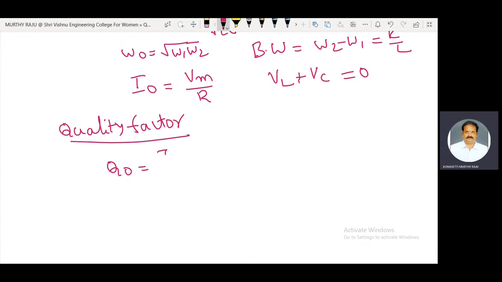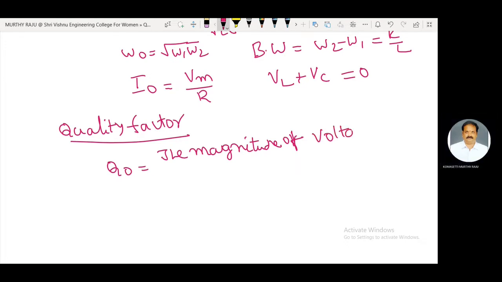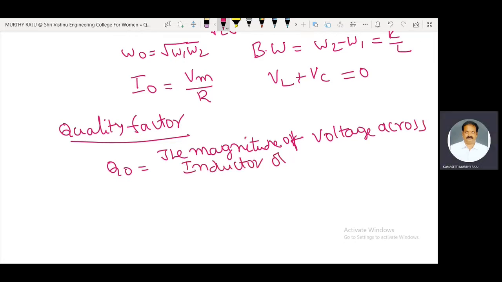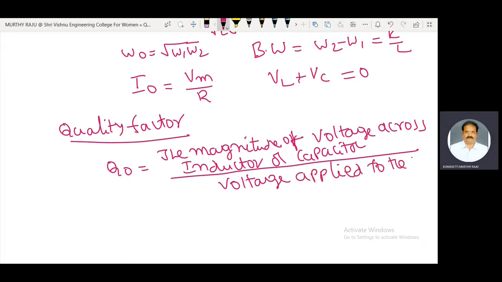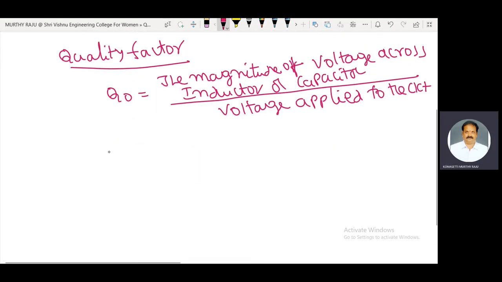It is the magnitude of voltage across the inductor or capacitor divided by the voltage applied to the circuit. This is the quality factor of the series resonance circuit.